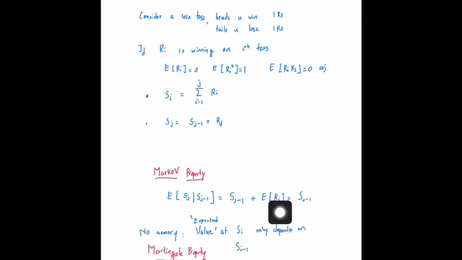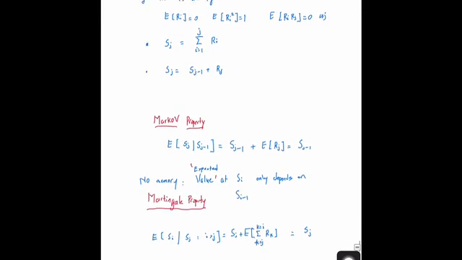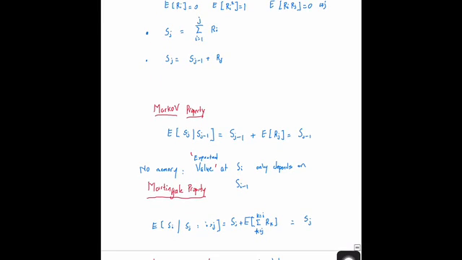Expectation value of Rj was equal to 0, so this is just Sj minus 1. So the expected value of winning tomorrow is only dependent on the value that you have today. This particular property is called a Markov property.